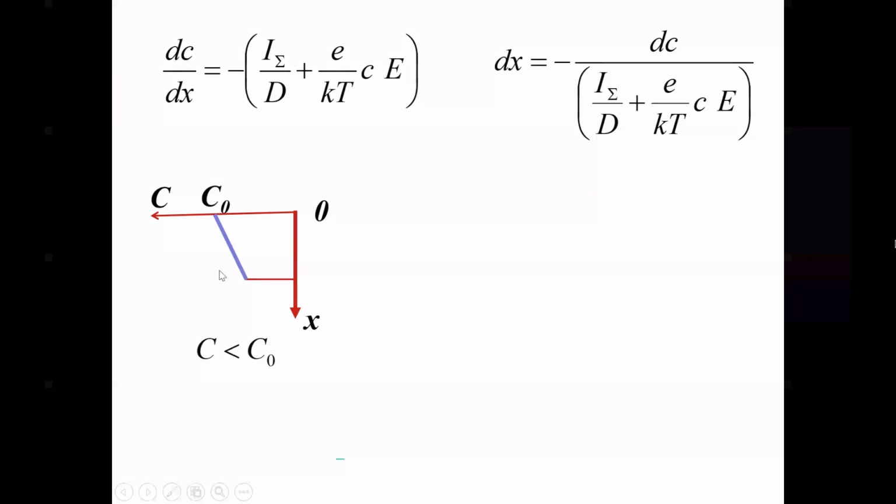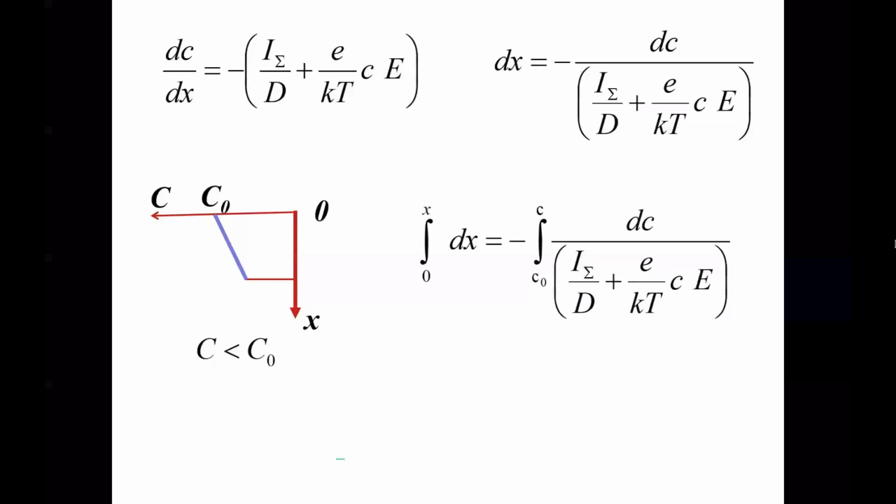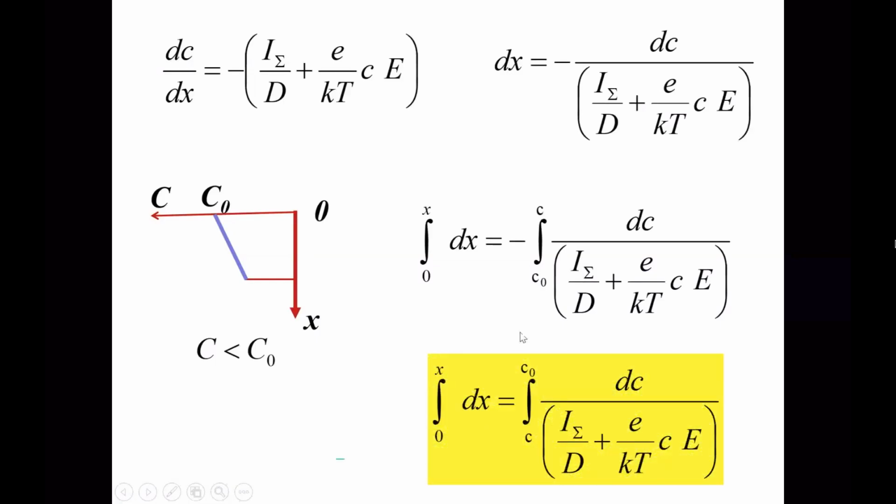That is why the concentration here is less than the concentration at the beginning of x. So now we can calculate the integral of this one. If you calculate the integral, this is the result. We have changed minus to plus and reallocated C0 and C. Now we have from C to C0 instead of C0 to C.